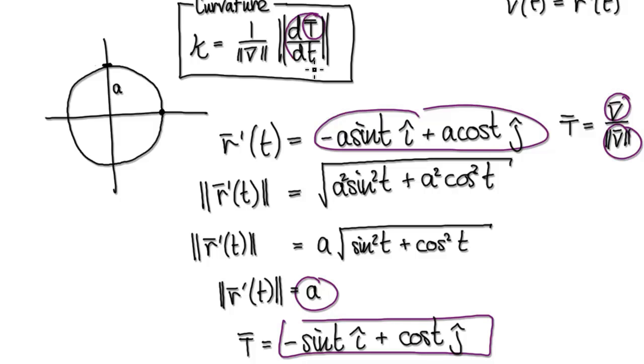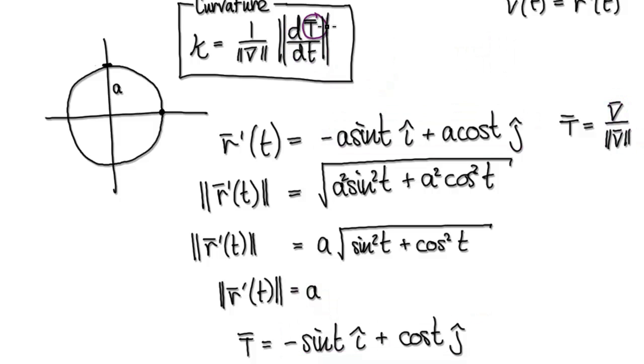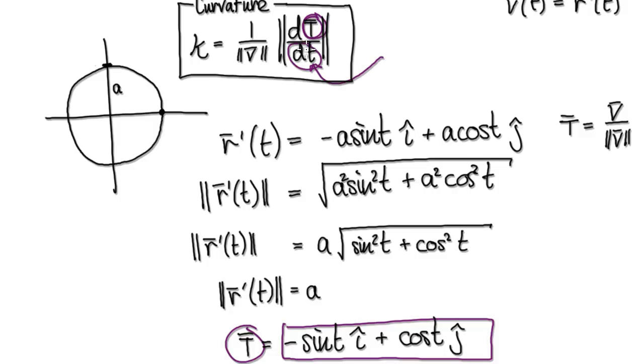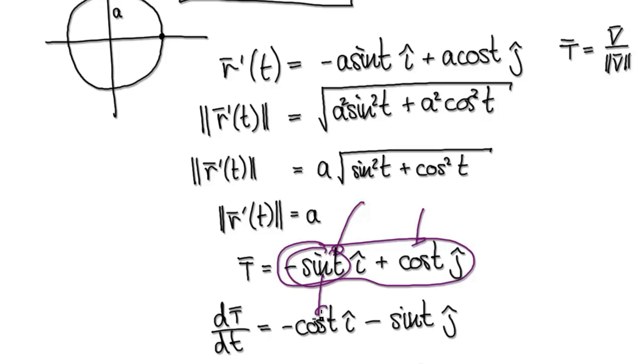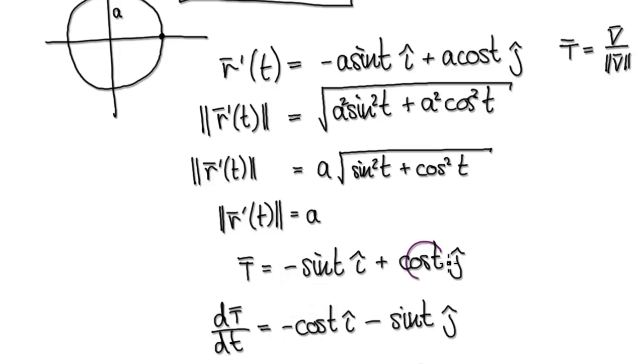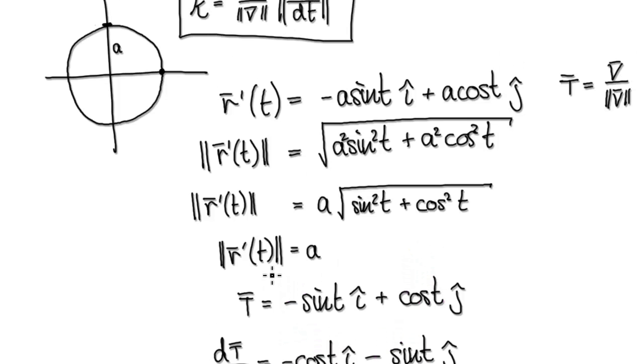Now we've got our unit tangent T. Now we need to differentiate it with respect to time, because at the moment everything's in terms of time. It's not in terms of s. So this is our T here, and we will need to differentiate it with respect to time. Differentiating this gives us minus cos, and differentiating this gives us minus sine.